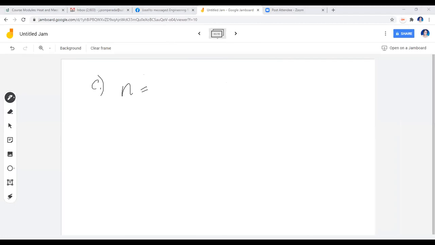Okay, we have N prime equal to N naught, then the exponential factor. So this would be N prime equal to N naught, then the exponential function EXP.